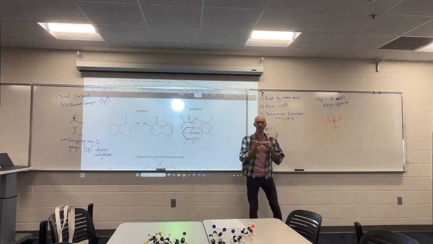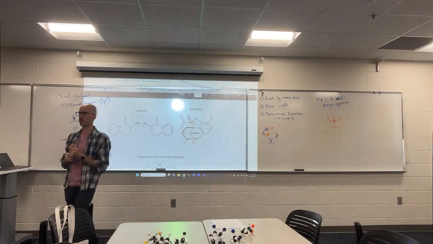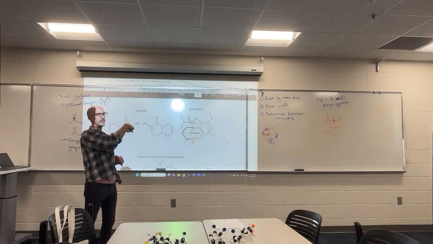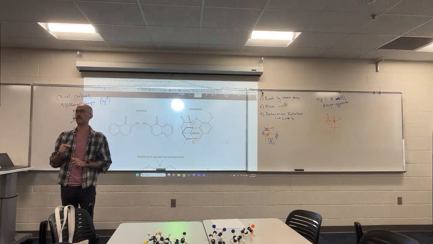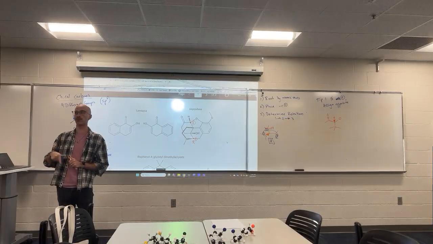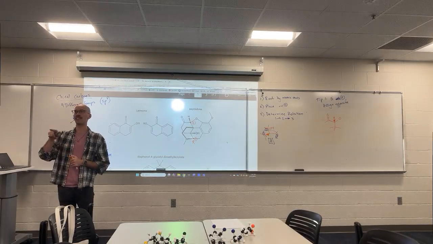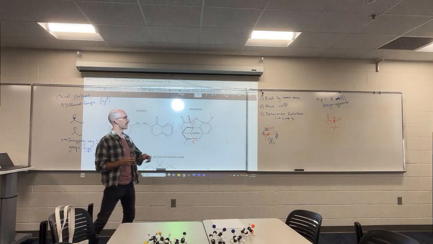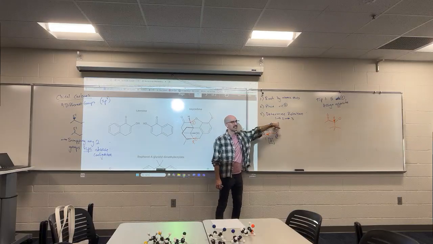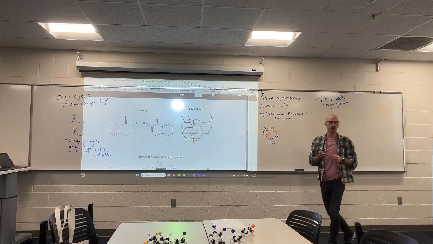Highest priority group? The hydrogen is the lowest priority group. Oh, I mean flip the rotation. If it looks like it's rotating clockwise, you're actually looking at it backwards. It's rotating counterclockwise. So don't flip the rankings. What I mean is follow the rules, 1 to 2 to 3, but just assign it opposite of what you've determined.